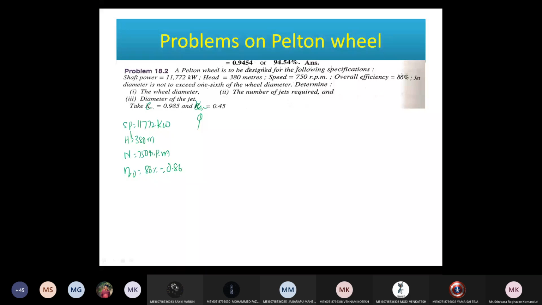Jet diameter is denoted with small d, wheel diameter with capital D. So small d is equal to capital D by 6, or small d by capital D is equal to 1/6. Then you need to find the wheel diameter capital D, the number of jets required, and the diameter of the jet small d.